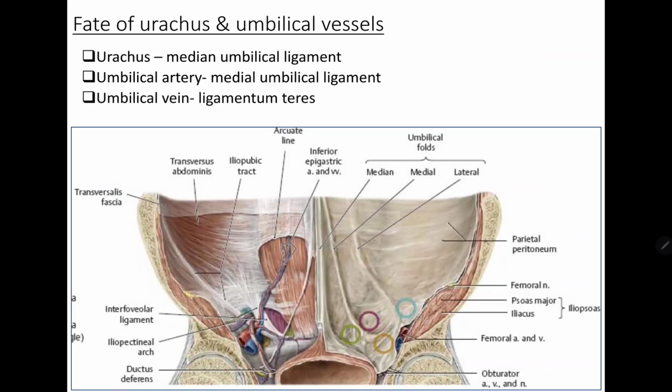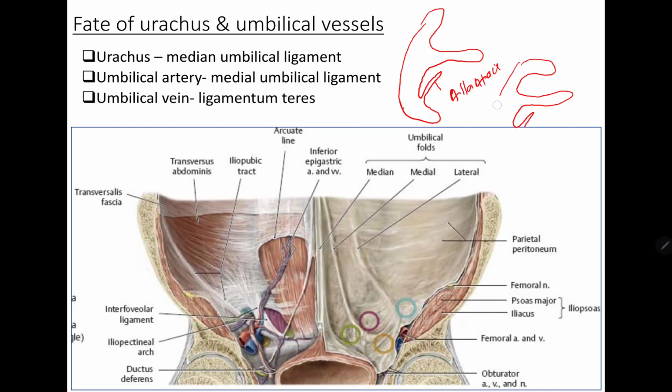Okay, so here if I again draw the embryo proper, we have the foregut, then we have the midgut, this is a hindgut, this is the urachus or the allantois. Okay, what happened to allantois? It is somewhat like this. We have the foregut, the midgut, and this particular part from the urinary bladder.